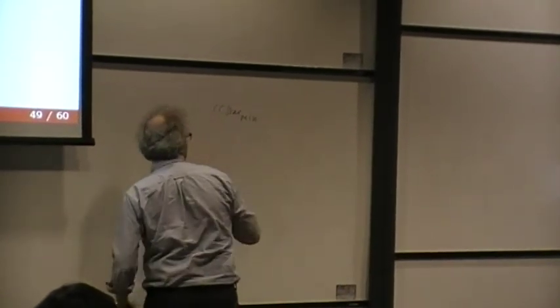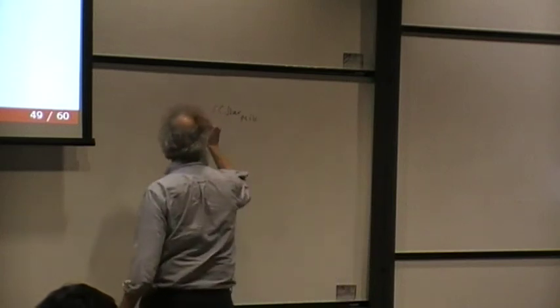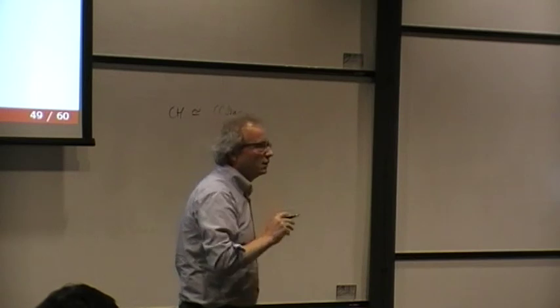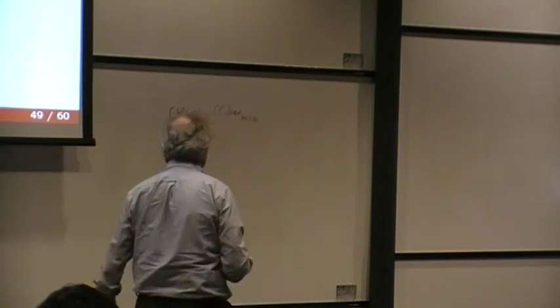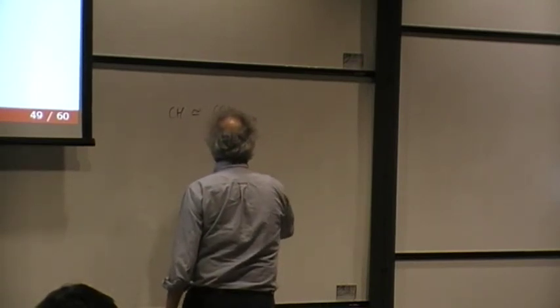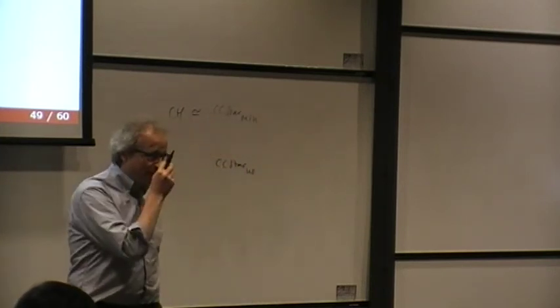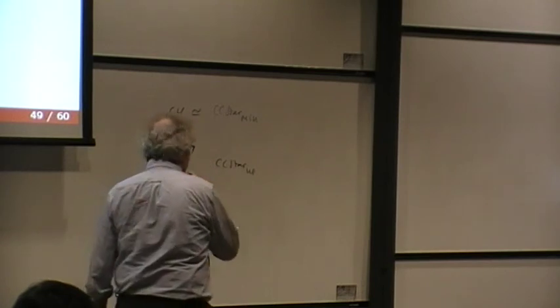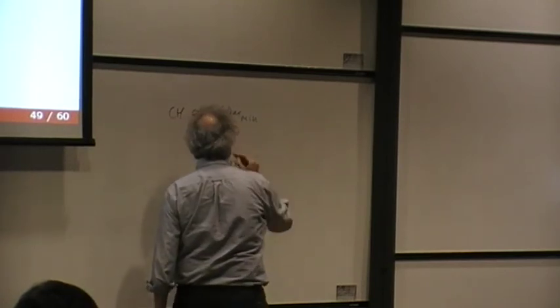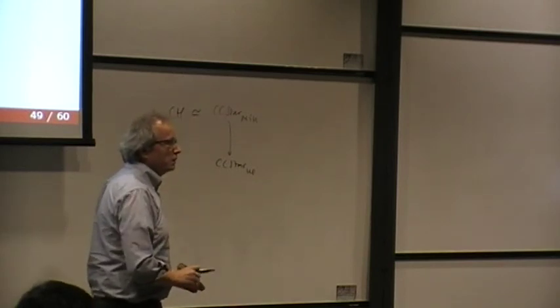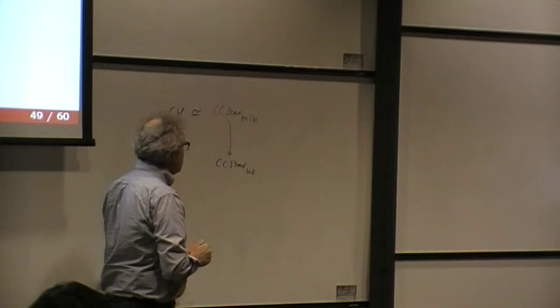So we know this is equivalent to the commutative C-star algebras with the maps that are unital and positive. Star homomorphisms are automatically positive and unital, and this one has an adjoint.